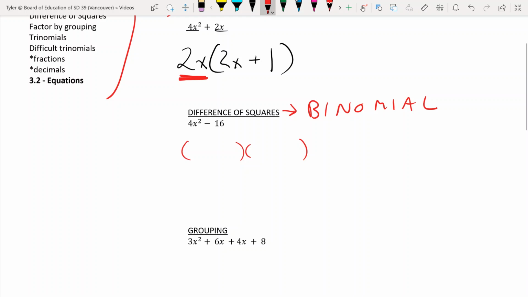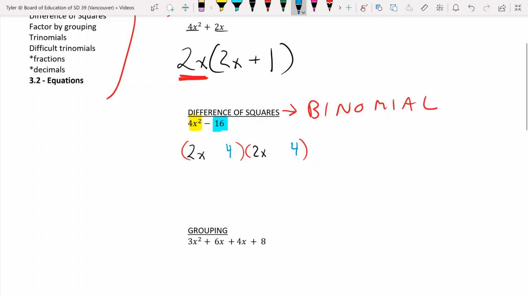And we're going to find the square root of term A and the square root of term B. And when I say A and B, I mean this one and this one. So this first term, the yellow one, square root of that is going to be 2x. For the second one, square root of 16 is going to be 4.